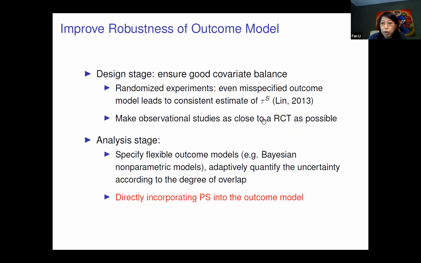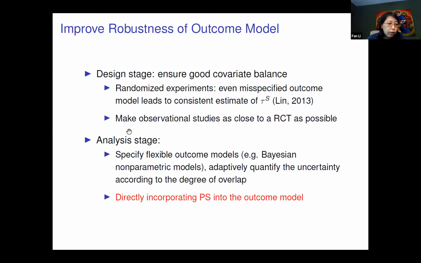Ling has a very famous paper showing that in this case, even a misspecified outcome model will lead to a consistent estimate of SATE. And our experience is that if you have a randomized experiment, it doesn't matter whether you're Bayesian or frequentist, or doing marginal weighting or a doubly robust estimator, the results are all similar. Why? Because the data has such good overlap, everything's balanced. So doing modeling just probably gives you some efficiency, but it's not too important.